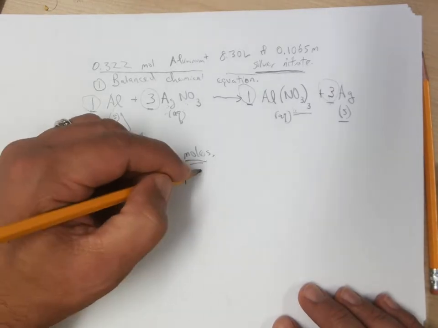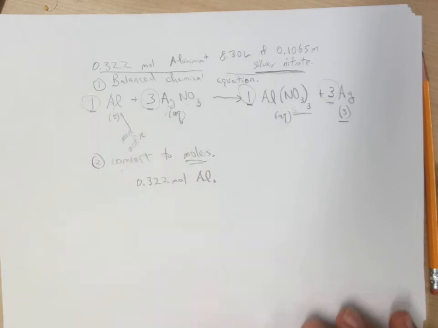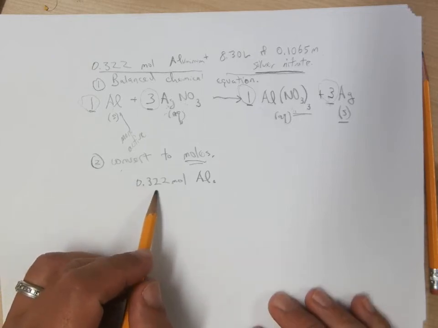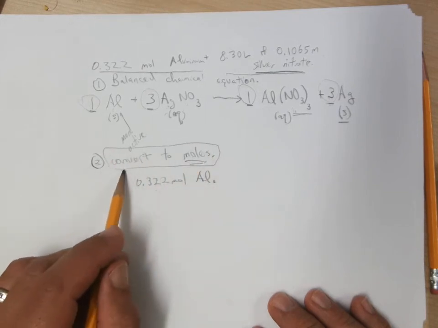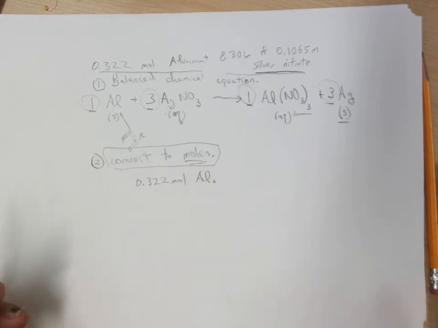So whoever wrote this problem was being nice to us and gave us the amount of aluminum in the right units to work with, so we don't have to do anything with that. Some people memorize that the first step is to divide by the molar mass. They divide this by the molar mass and get some nonsense. But if you know that globally what you're doing is converting to moles, then you know if you were given moles, perfect, you've already converted to moles.